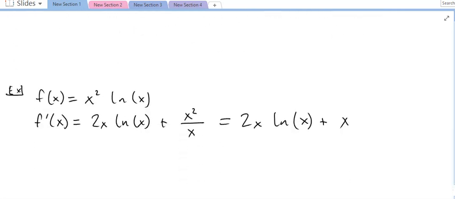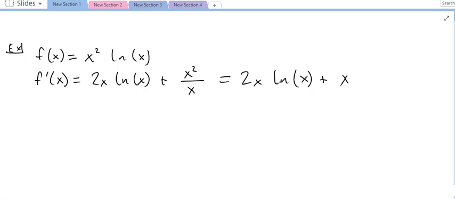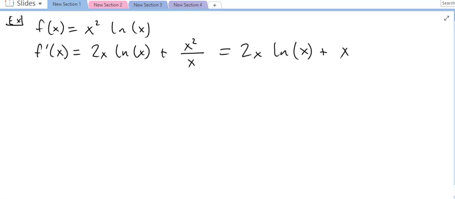So in our last example, we looked at finding the critical numbers for f of x equals x squared times ln of x, and we used that to find the critical numbers and then figure out which intervals things were increasing and decreasing.